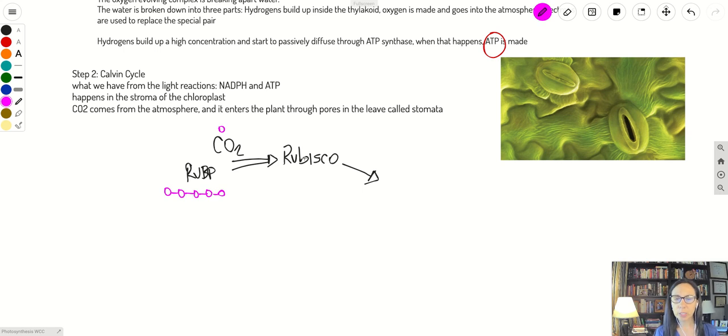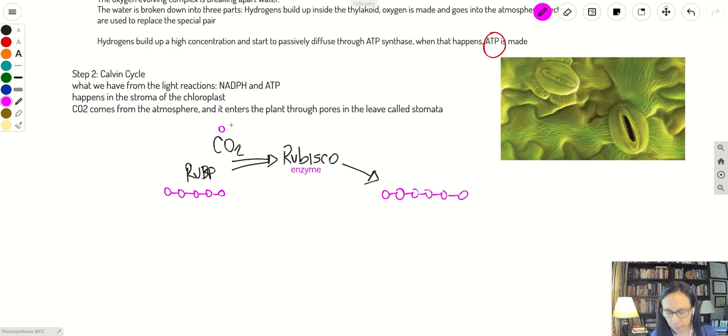So rubisco is an enzyme. I'm going to put enzyme here. It's a big protein that's going to grab the carbon dioxide and grab the RUBP and stick them together. And it's going to make this bigger molecule that now has 6 carbons. Okay.